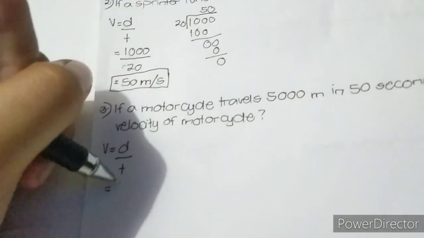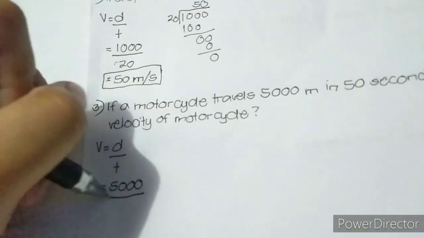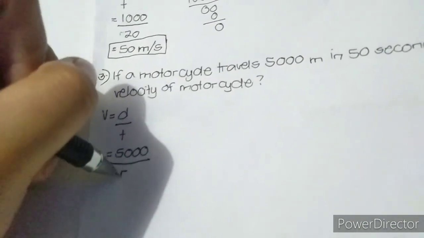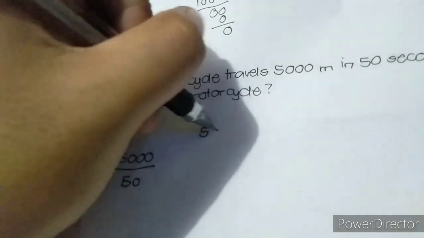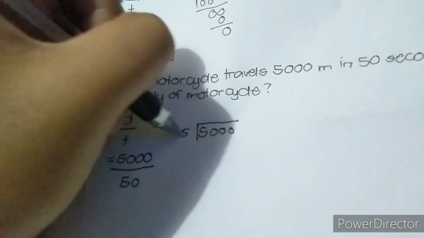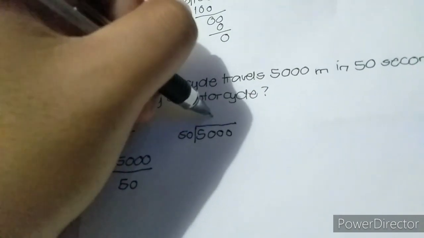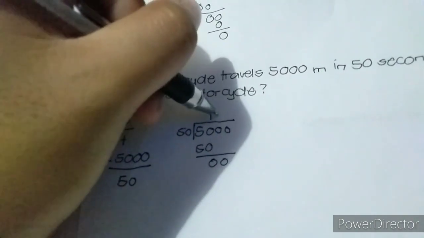So the distance is 5,000 meters over 50 seconds. 5,000 divided by 50 is 100.